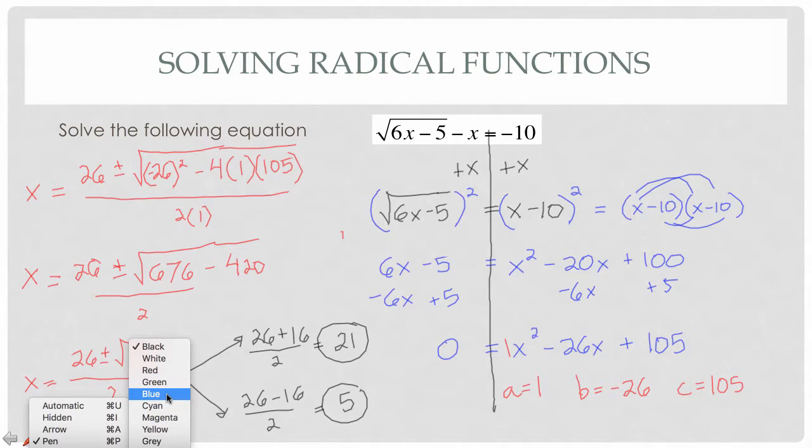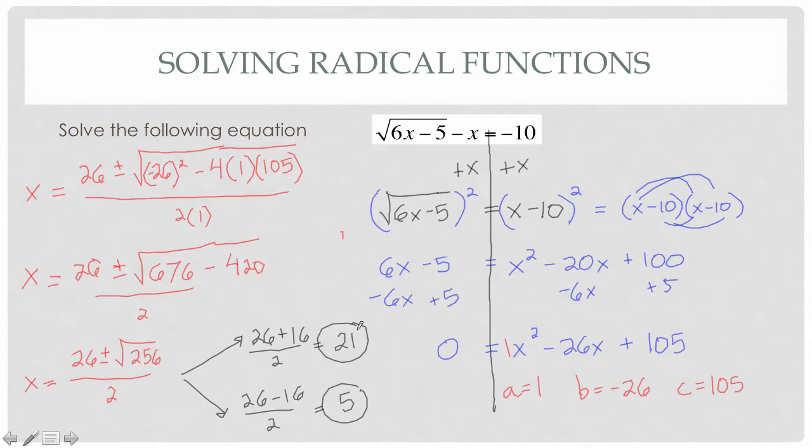So let me switch to a good color. Let me get some magenta. Now watch what happens. Here's where we need to test both of these out. Let's start with 21. If I take 6 times 21 minus 5, and then take the square root of that, and then subtract 21, do we get negative 10?